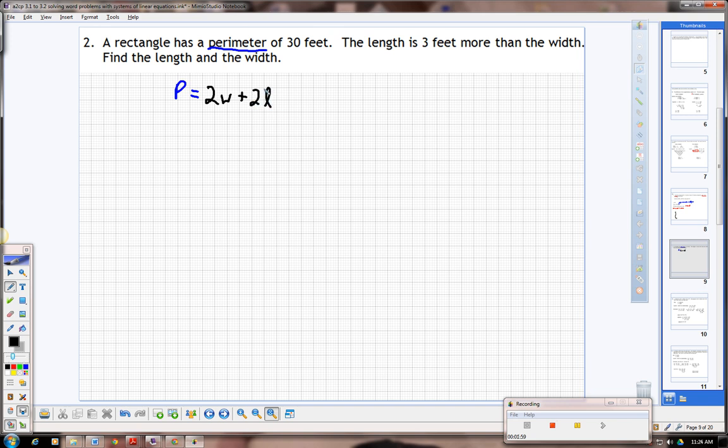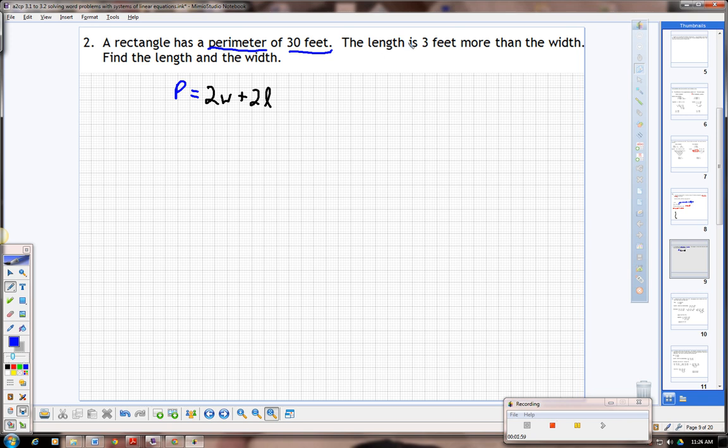Typically we write L, lowercase l. I always write a cursive L so it doesn't look like a 1. Now in this case, the perimeter is 30 feet. So that's one of my equations really has been given to me with that implied knowledge. So I just replace P with 30.